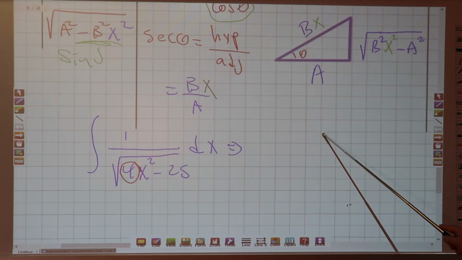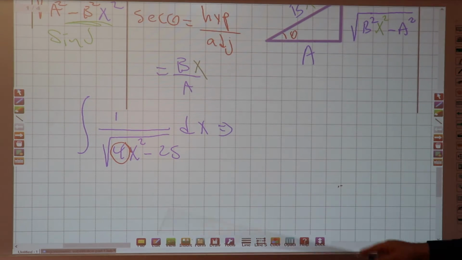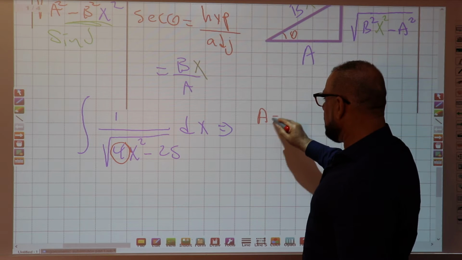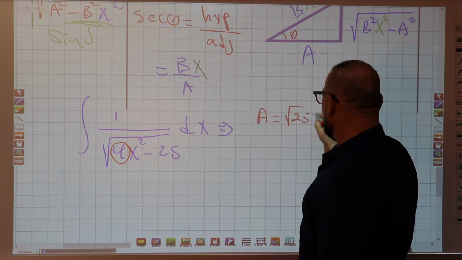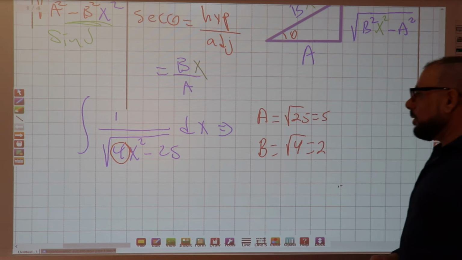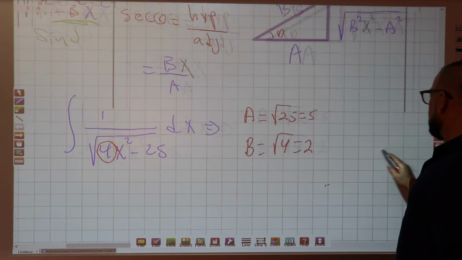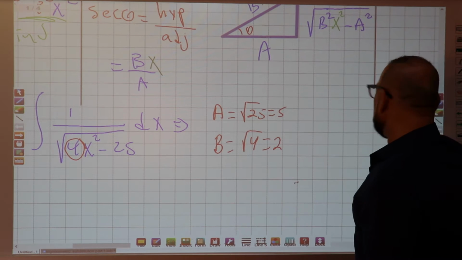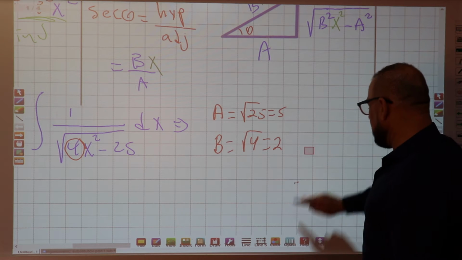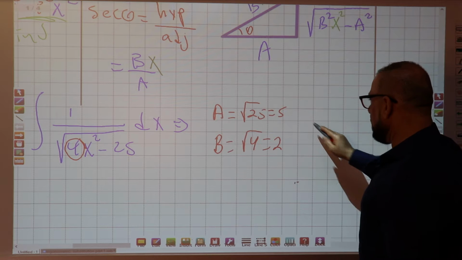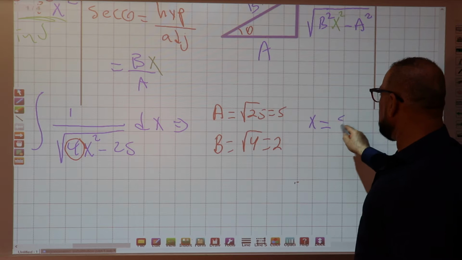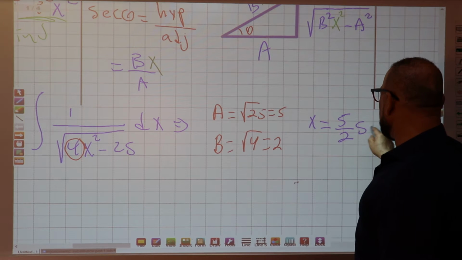Let us take this example. What's our a? Now here's the trick. What's our a, guys? a is the square root of 25, which is 5, and b is the square root of 4, which is 2. Now my substitution is x equals a over b, 5 over 2 secant theta.